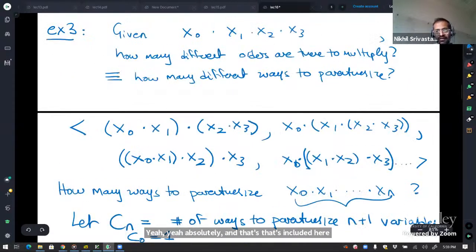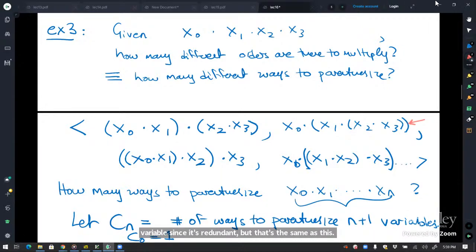I'm not putting parentheses on one variable since it's redundant, but that's the same as this. So multiplying x0 times, in parentheses, x1 times x2 times x3, x0 wouldn't necessarily need parentheses at that point.